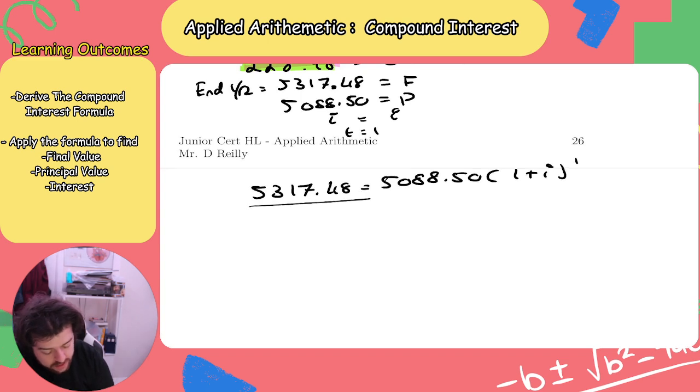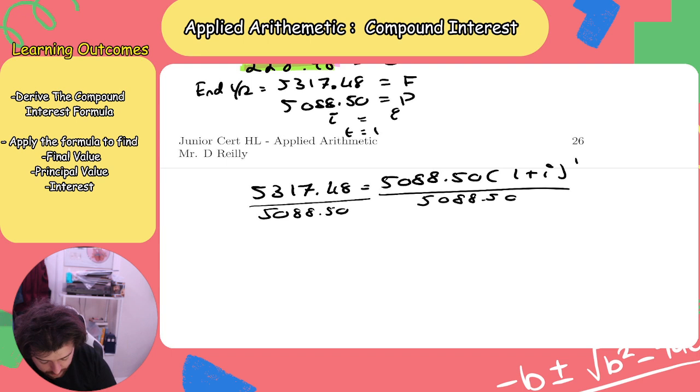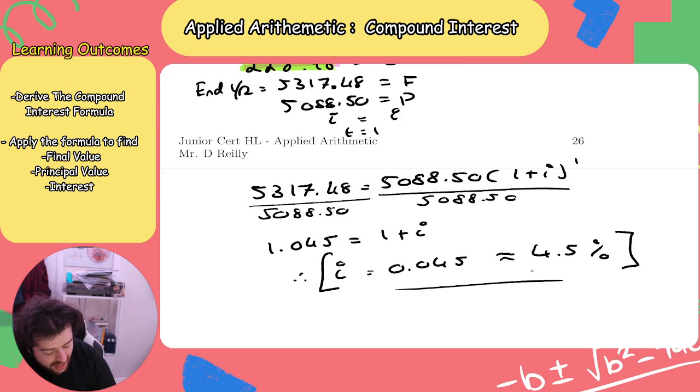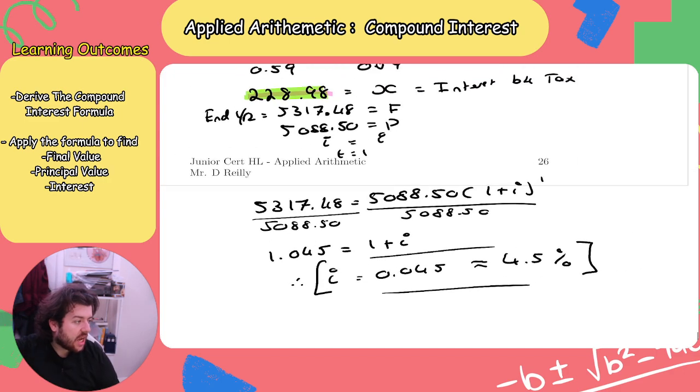So I'm going to divide both sides by 5,088.50. So I'm going to have 1.045 is equal to 1 plus I. Therefore, I is going to equal 0.045, which is 4.5%. So the interest on the second year is 4.5%.